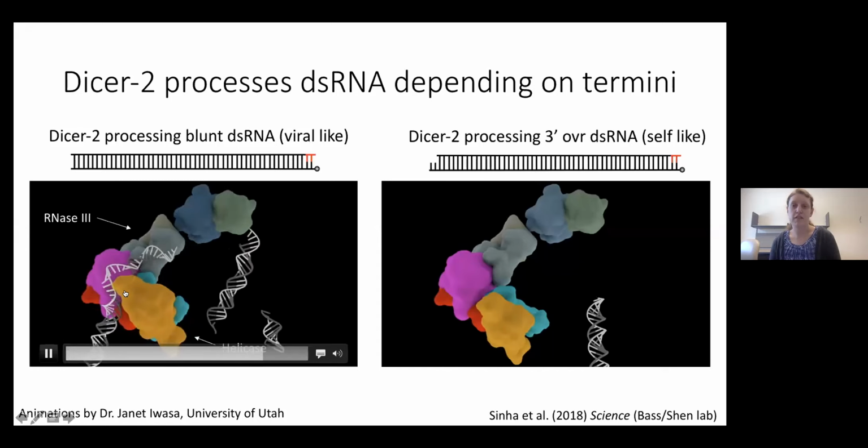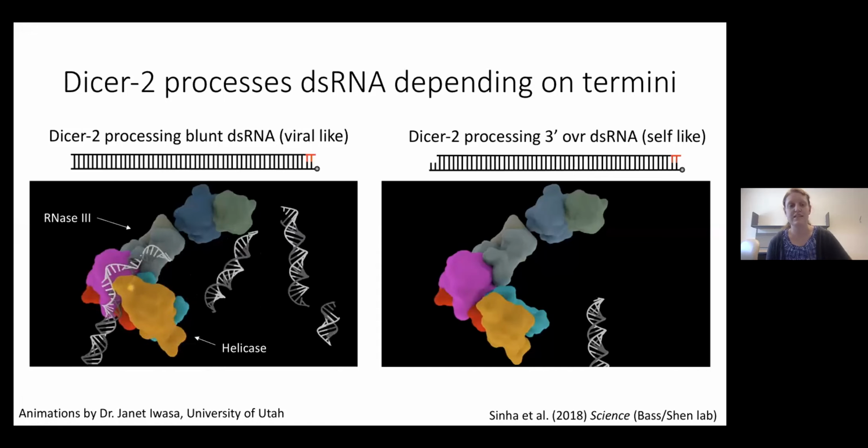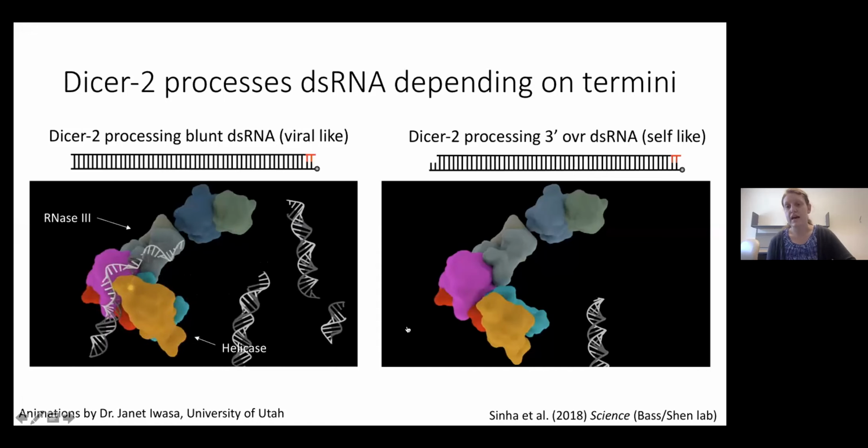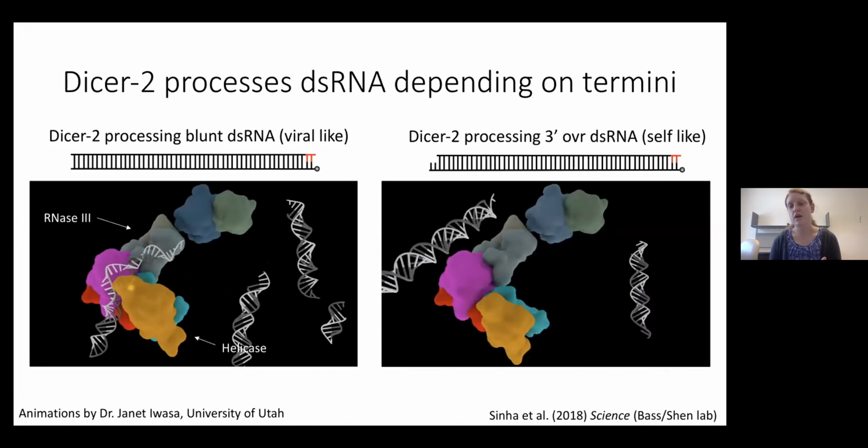And you can see that there's a flashing icon in the helicase domain, and this is indicating ATP hydrolysis. On the other side, 3' overhang, which is representing your self-like self-RNA, this will bind directly to the Topaz platform domain at the top of the protein, and then will be cleaved by the RNase-3 domain into exact 22 nucleotide products in an ATP-independent reaction.